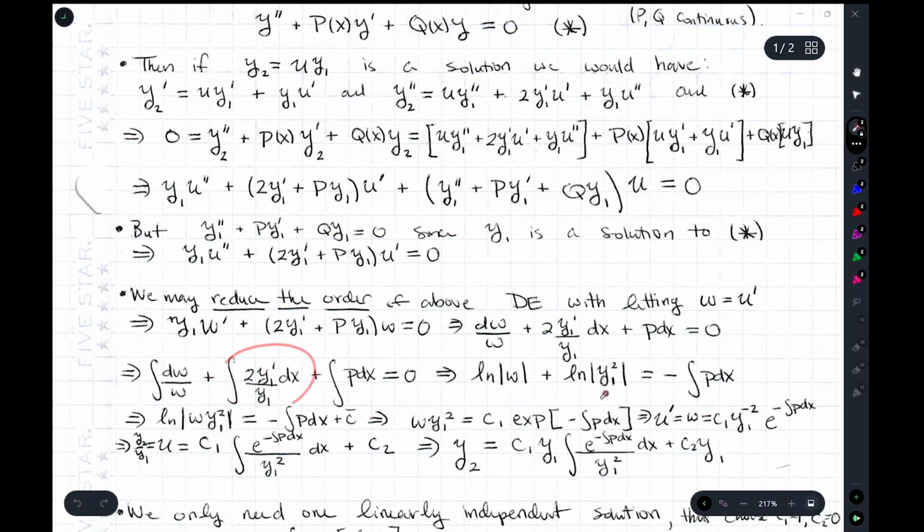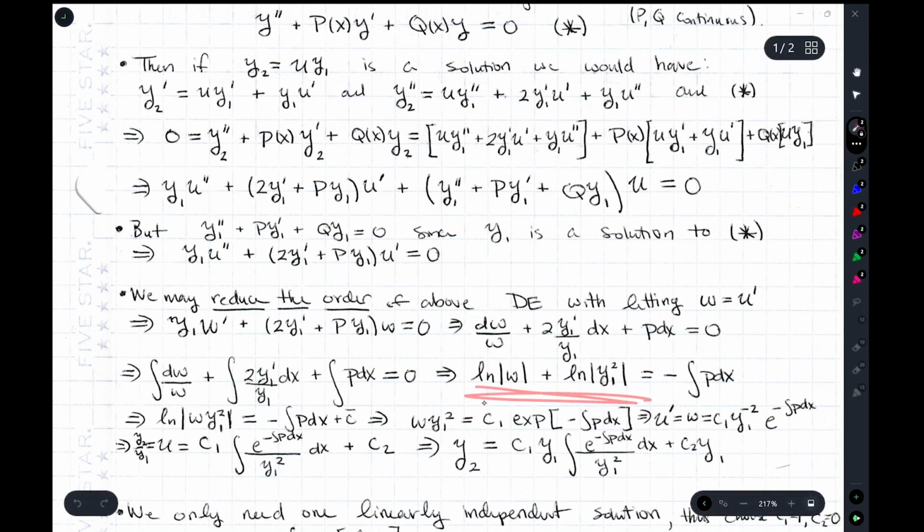This one here, you can convince yourself that it's equal to natural log of y1 squared. You could pretty much do u substitution with u equal to y1, and then du would be equal to y1 prime dx.